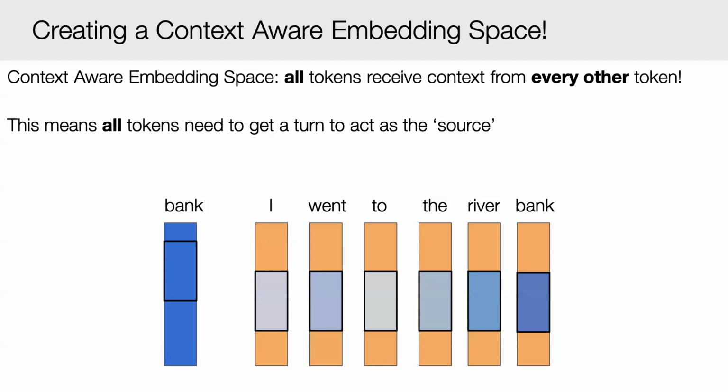All tokens will need the chance to act as the source embedding. So we're not just sending river to all the words in the sentence. We have to take the subspace from every single word and send it into the dimensions of every single other word that we have.